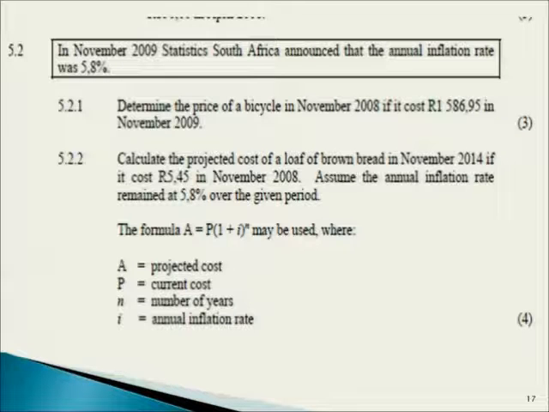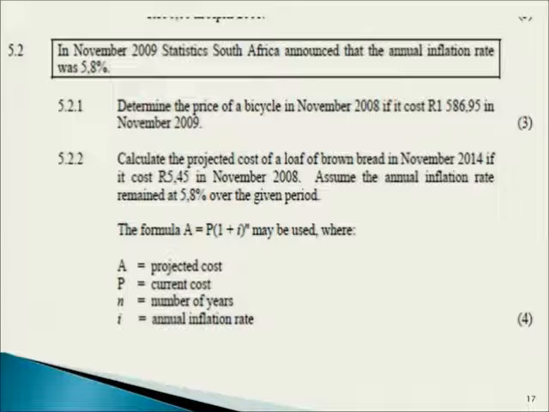And often they give you questions to say, what was the amount without VAT? Or they would ask you, how much was the VAT? Now this question works exactly on the same principle. This price of R1,586.95 is the big fat inflated price.